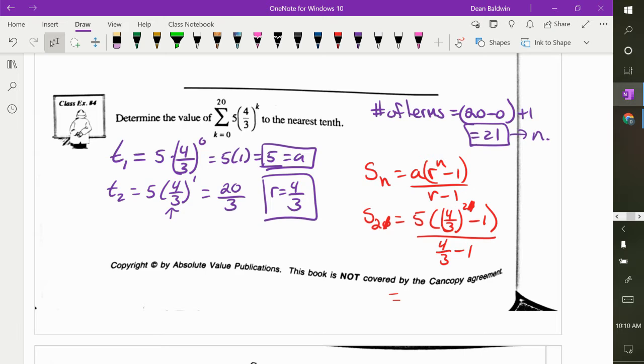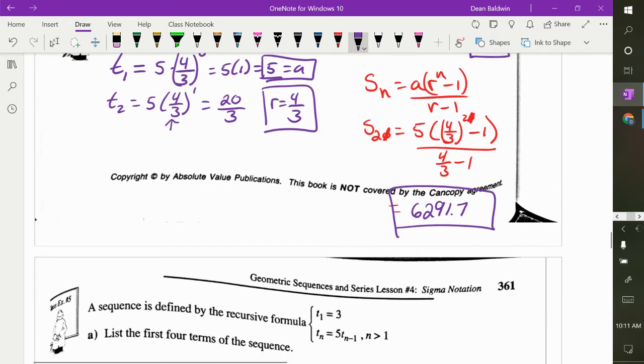Nearest 10th. 6,221.7. Do we have it? Yeah. 6291.7?